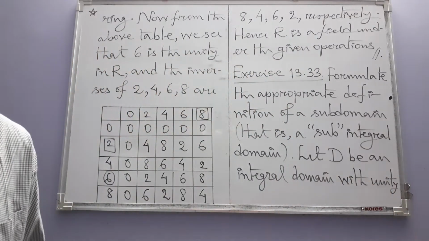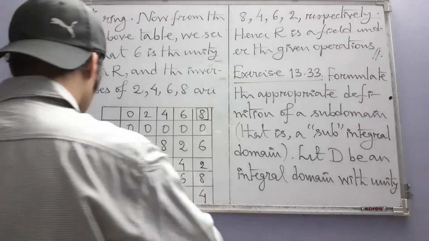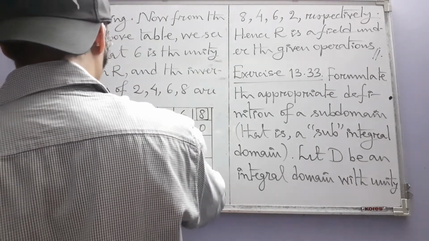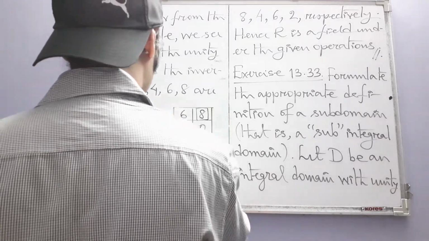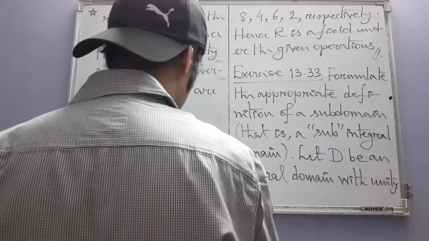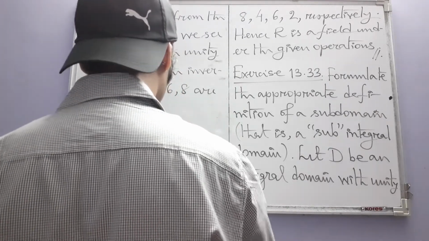What's the point of mentioning that the integral domain is with unity 1? Because in this text, integral domains by definition always have unity.